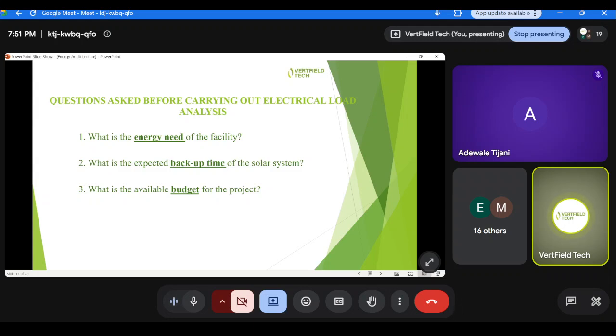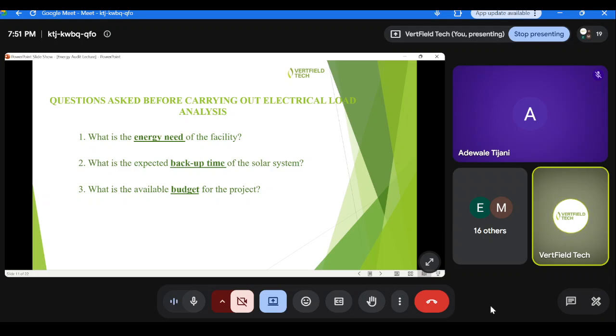Asking your client the backup time for the solar system technically calls your attention to the fact that backup time is the parameter used to design the battery system. So you are technically trying to know how long the energy stored in the battery system will last for your client. You want to know how long the client wants to use the system in the absence of solar or any other available source of power supply.